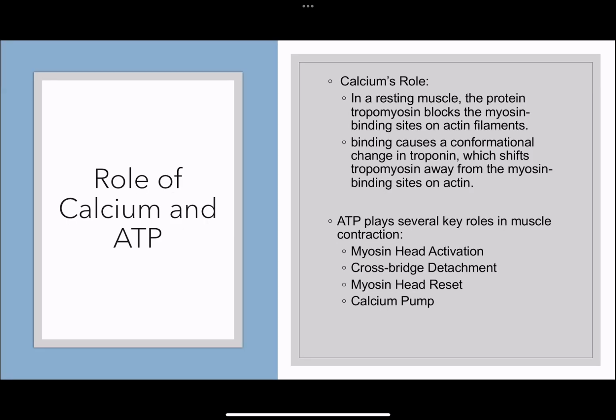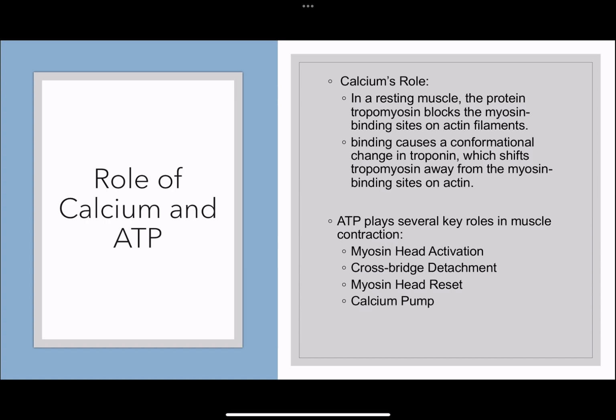This brings us to the last slide, which is where we're going to talk about the role of calcium and ATP. So calcium's role: in a resting muscle, the protein tropomyosin blocks the myosin binding sites on actin filaments. When a nerve impulse reaches the muscle fiber, it triggers the release of calcium from the sarcoplasmic reticulum.